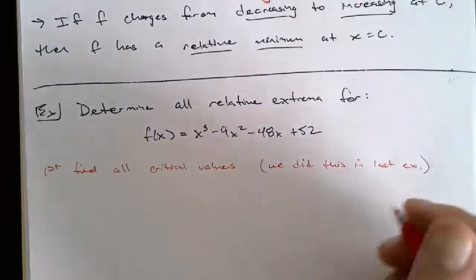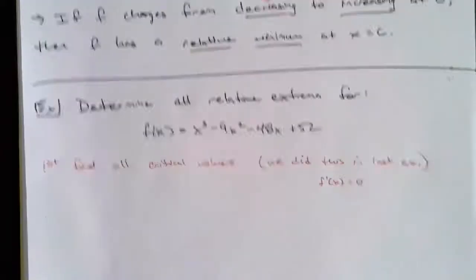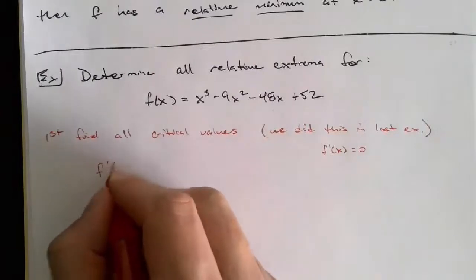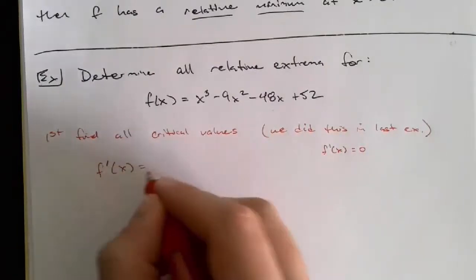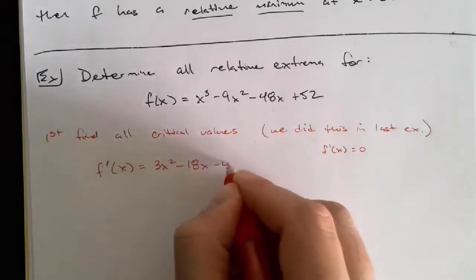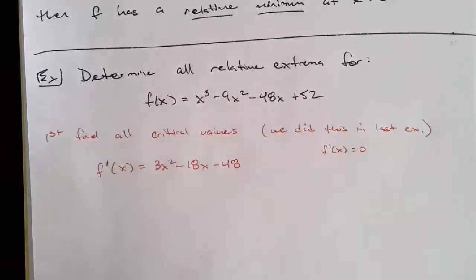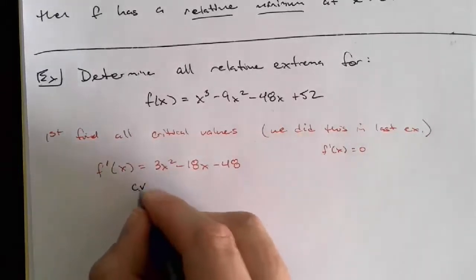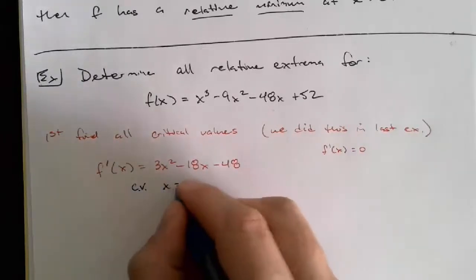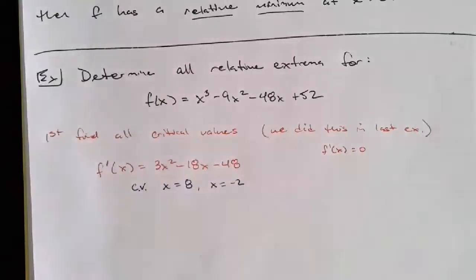When we did it, we said take f prime of x and set it equal to 0. I'll write out what f prime was, because that's going to be important to us, right? We had f prime of x equals 3x squared minus 18x minus 48. And then we set that equal to 0. The critical values, which I'll abbreviate CV, that we got from that were x equals 8 and x equals -2.